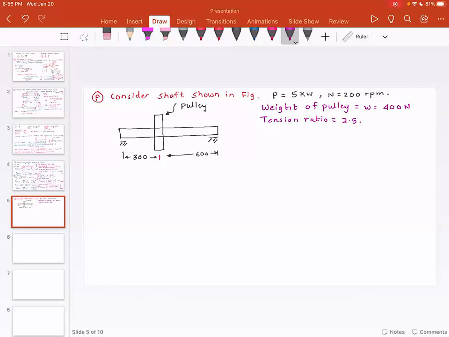And the diameter of the pulley is equal to 270 millimeter.